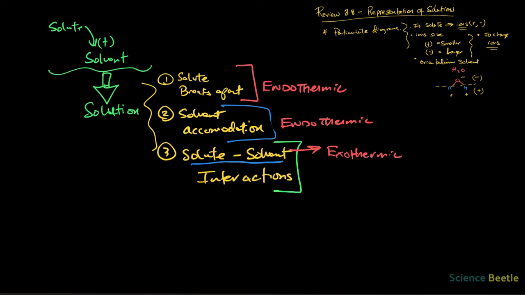So if the attractions are high, it's definitely going to be exothermic. If there's a high attraction, you'll get exothermic. However, if these attractions are low, this is going to wind up being closer to endothermic.